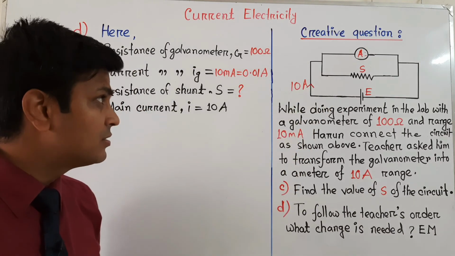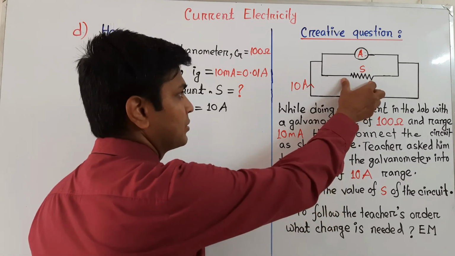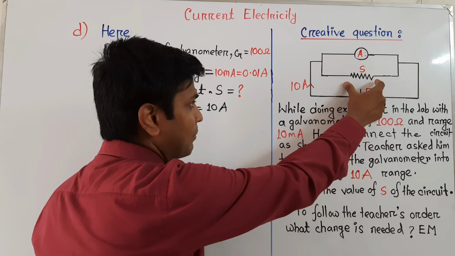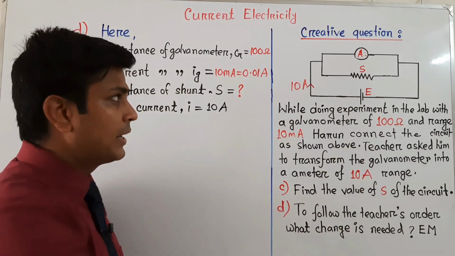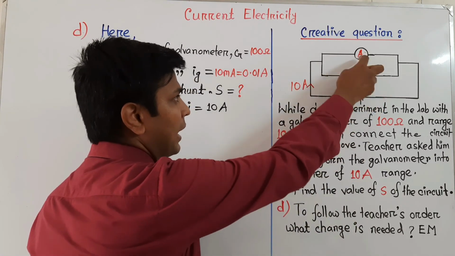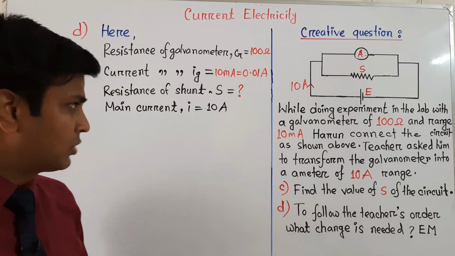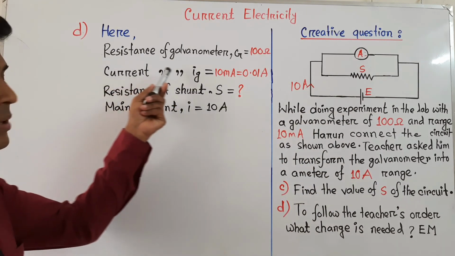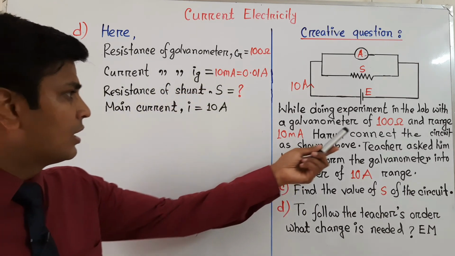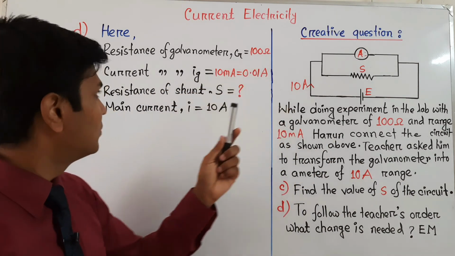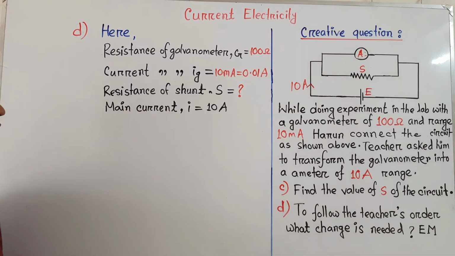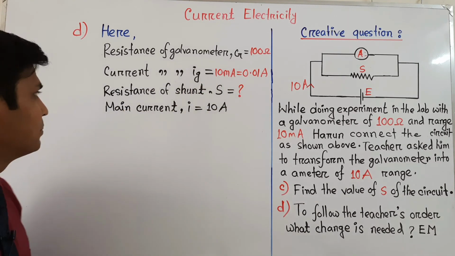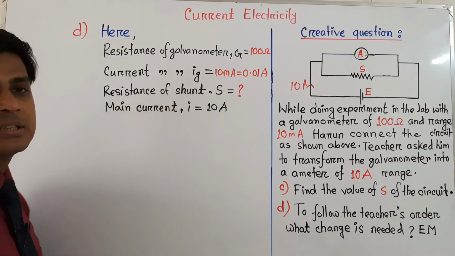So we can change the resistance of the shunt. To flow this 10 ampere current through this ammeter, what amount of shunt we have to connect across this ammeter, this we have to calculate. So the given information is here: the resistance of the galvanometer G is 100 ohm, and the current of the galvanometer is 10 milliampere, that means 0.01 ampere, and we have to calculate the shunt.